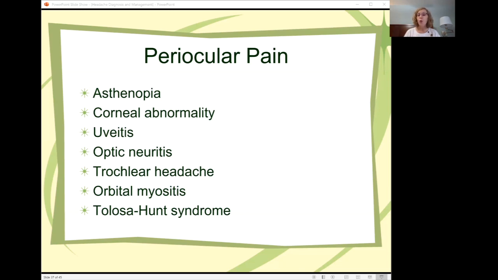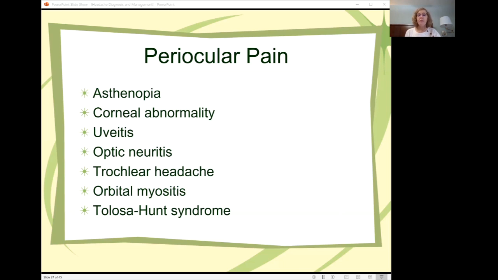Episcleritis, scleritis, or uveitis can cause intense pain. Optic neuritis will cause pain with eye movements. A trochlear headache or trochleitis is an inflammation of the superior oblique tendon within the trochlea.